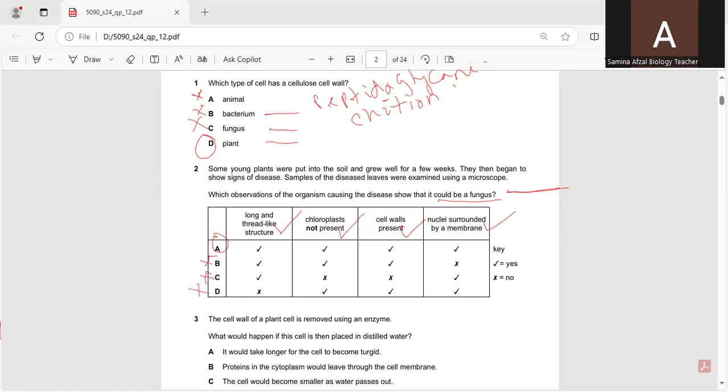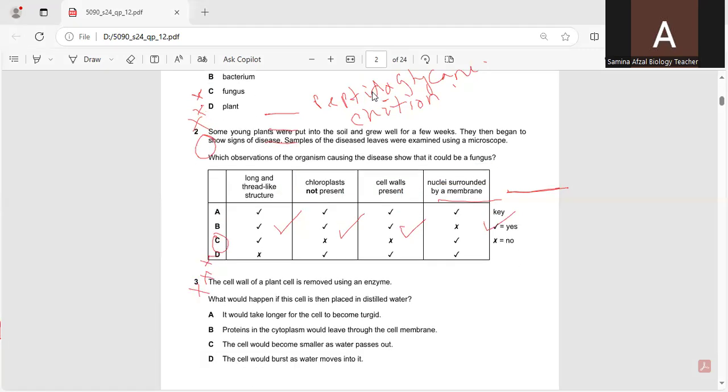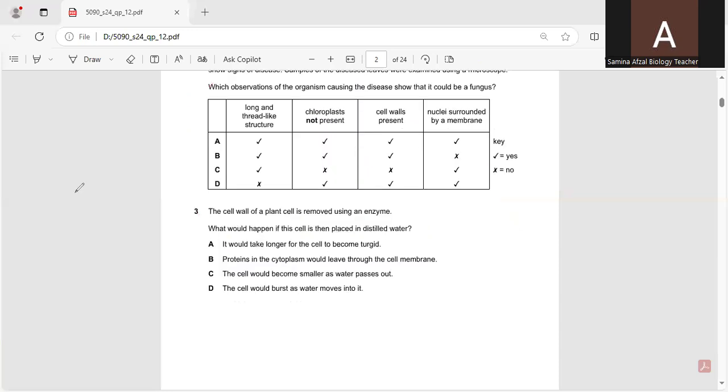Now we are moving towards question number 3. The cell wall of a plant cell is removed using an enzyme. What would happen if this cell is then placed in distilled water? Would it take longer for the cell to become turgid? No. Would proteins in the cytoplasm leave through the cell membrane? No, they cannot pass through the cell membrane; they are larger molecules.